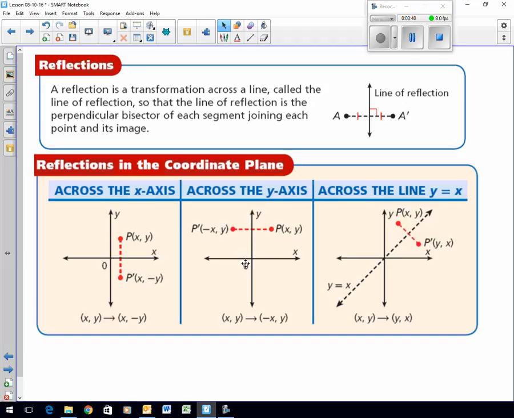Let's say we took this point right here, 2, 4. If 2, 4 was my original pre-image coordinate point, I would take 4, 2 as the image, the post-reflected coordinate point. Any questions on that? This is your first stage of rocket science whenever y'all get there. Somebody's going to make it one day.